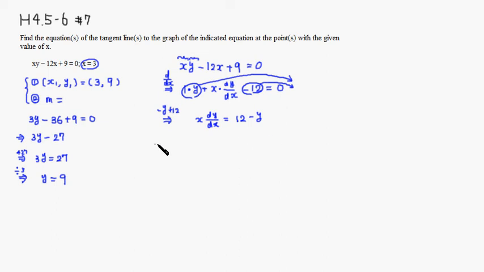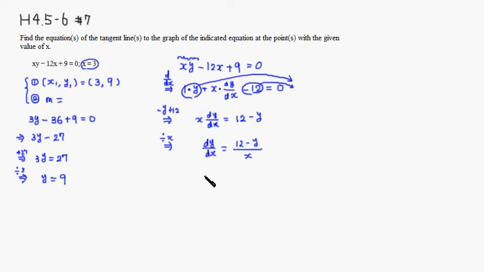Then we can isolate dy over dx by dividing through by x. We have dy over dx is equal to 12 minus y over x. So that's the derivative.